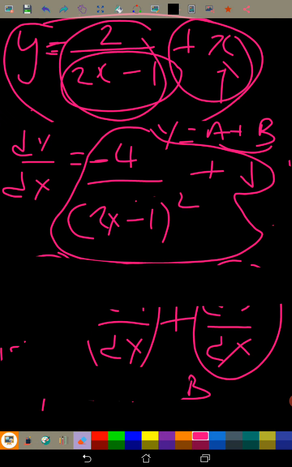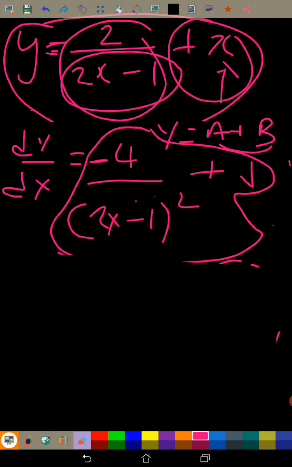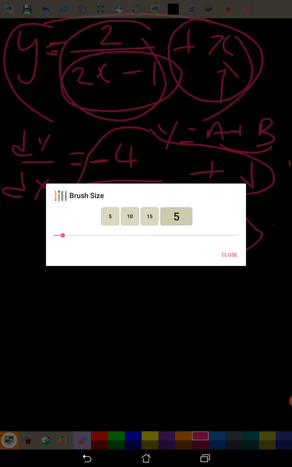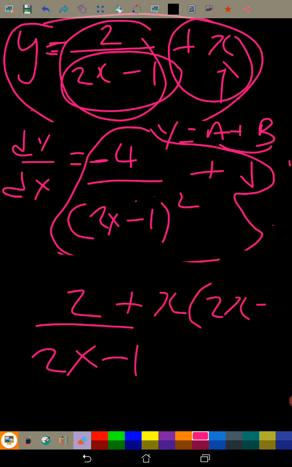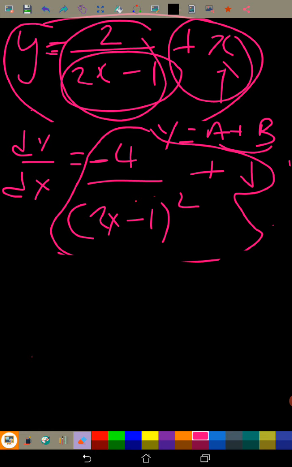It's very important because if you put, let's say, 2 over 2x minus 1 plus x times 2x minus 1, and you expand this, then you have a quotient differentiation like I did in the first instance.